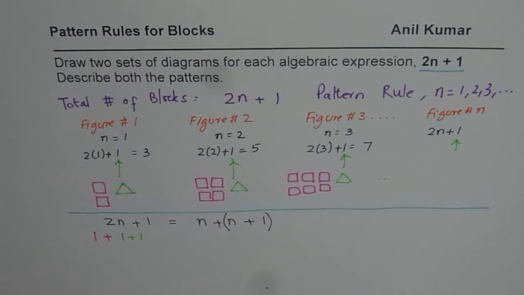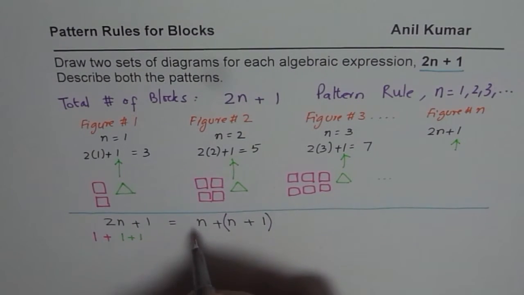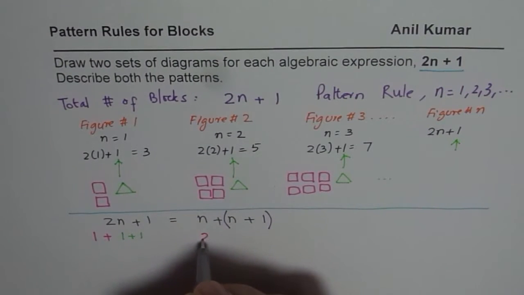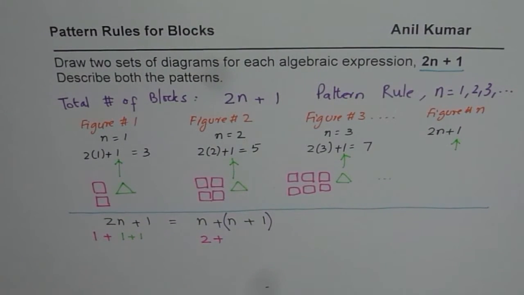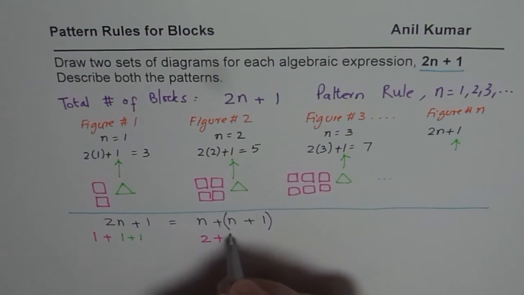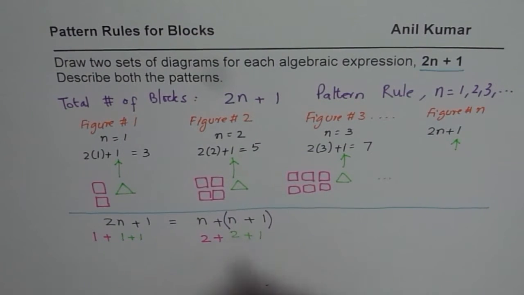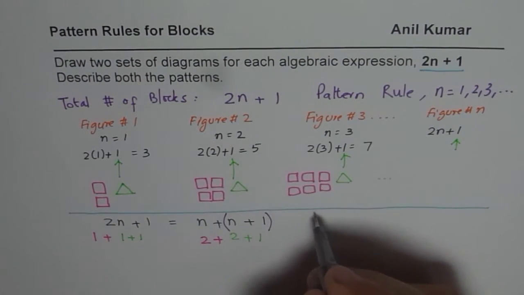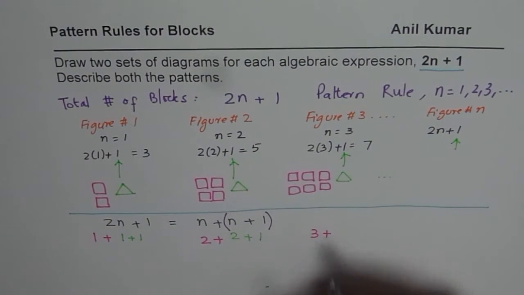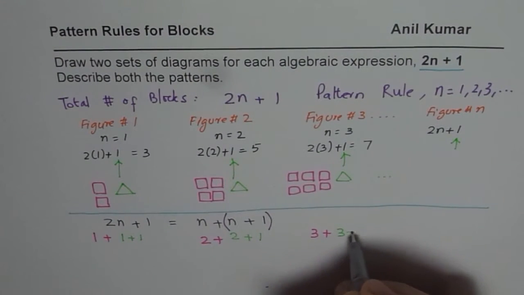So for the second case, when n is 2, so this will be 2 plus, and then we'll use the green ones as 2 plus 1, right? And then in the next one, n will be 3 for the third figure, so I'll write 3 plus, and the green ones I will use 3 plus 1, right?